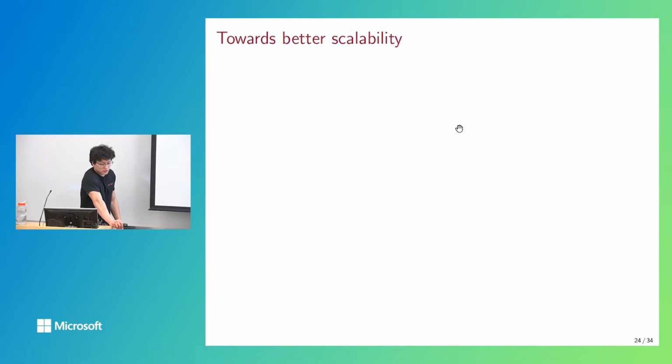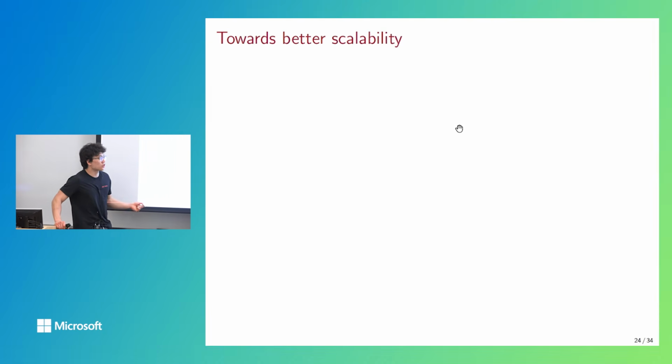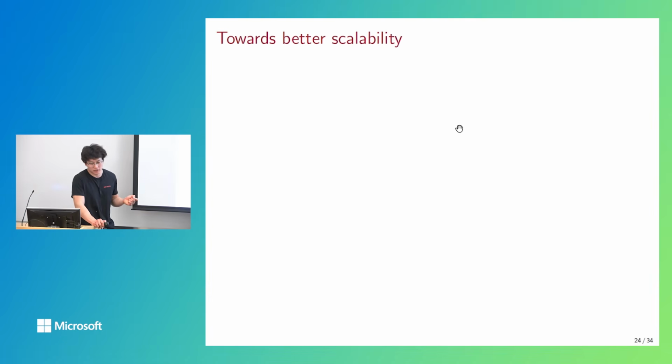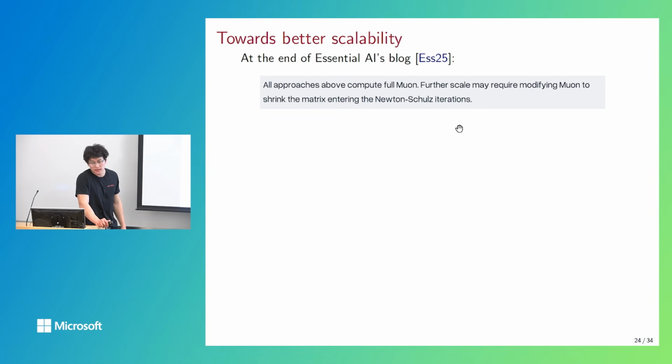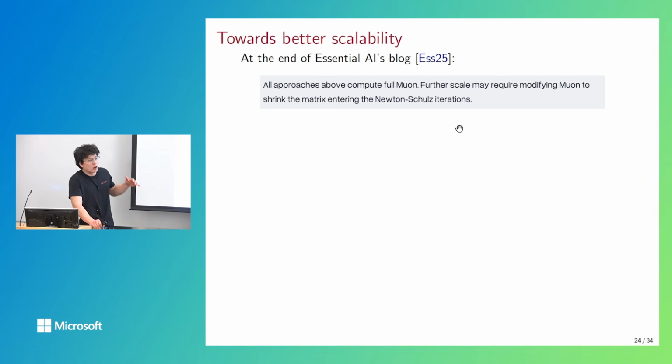Okay, so can we actually have some approach that can future-proof all this scalability concern? In Essential AI's research blog, at the end, they said all these strategies, like all-to-all mu1, make things manageable at some moderate scale.